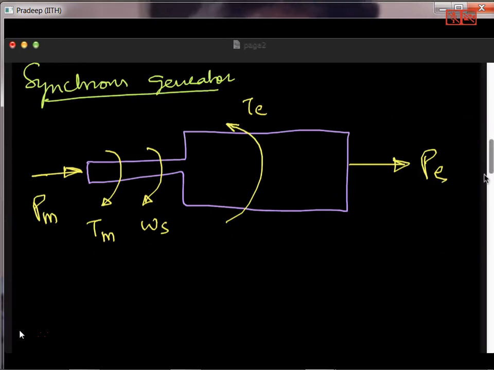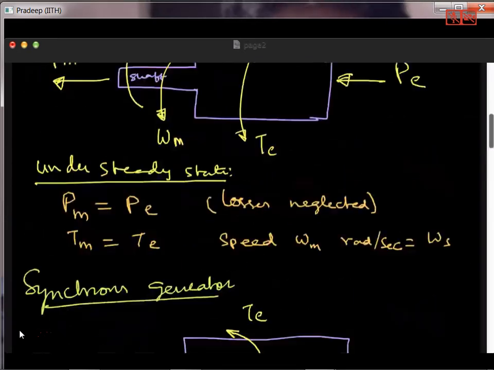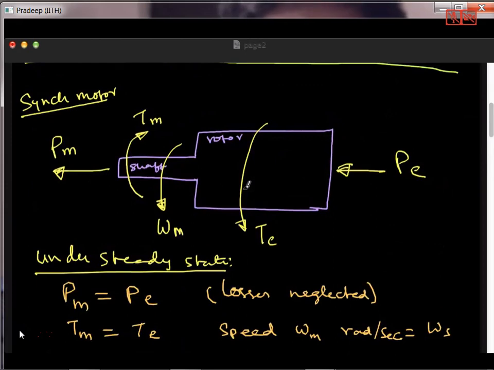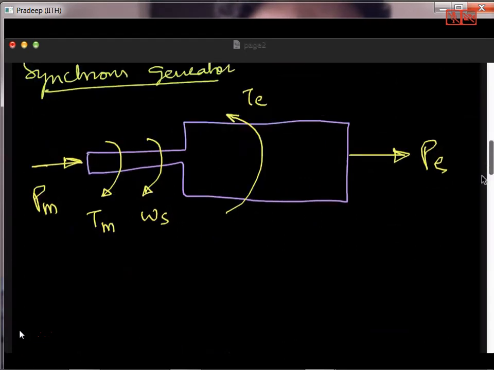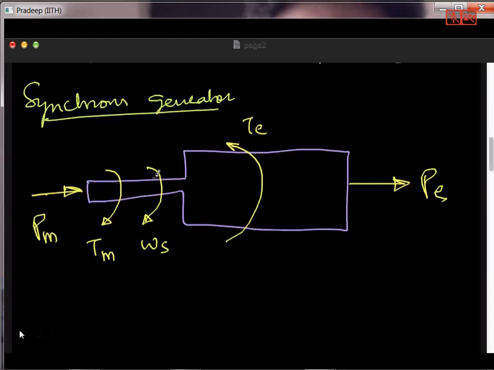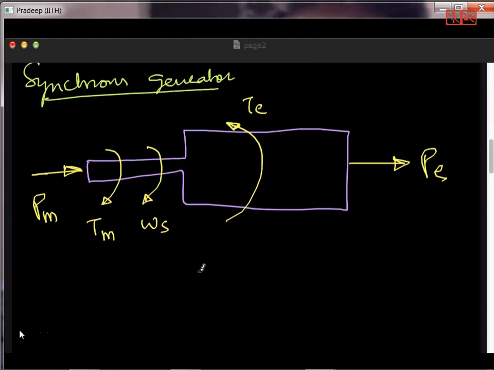If you compare with the motor before, the electrical torque and the speed of rotation are in the same direction, because the electrical torque is causing the rotation in the synchronous motor. Here the mechanical torque is causing the rotation and the electrical torque is opposing the rotation, and out of that opposition the energy conversion happens.